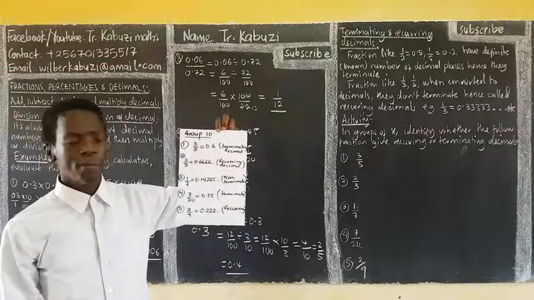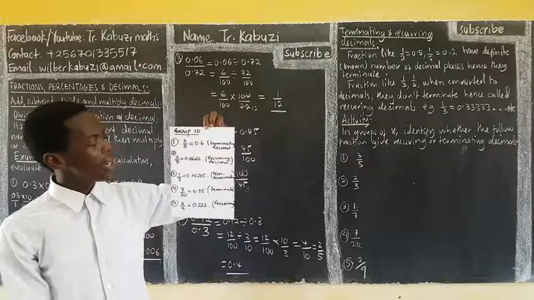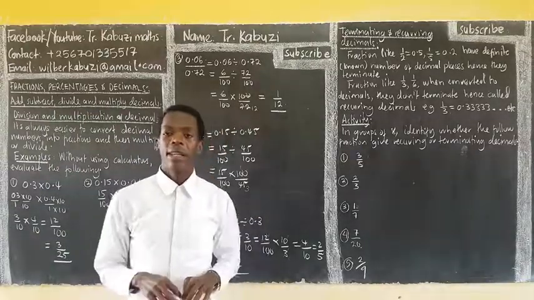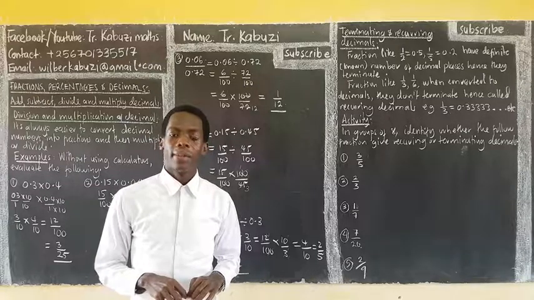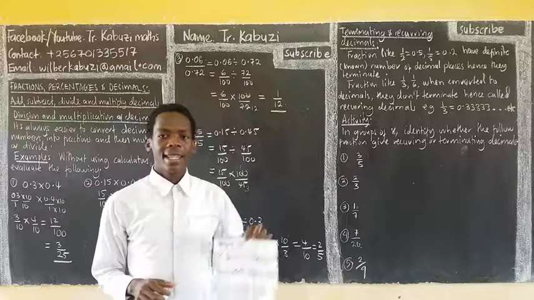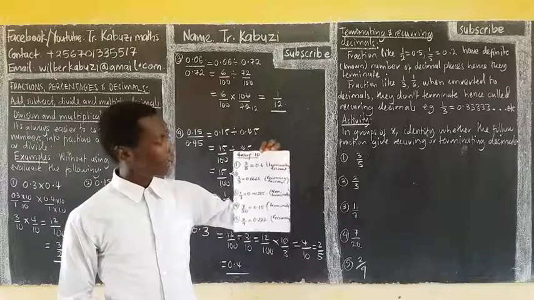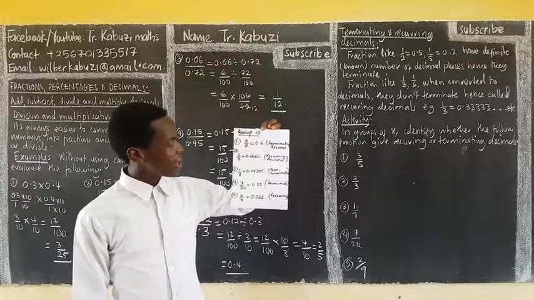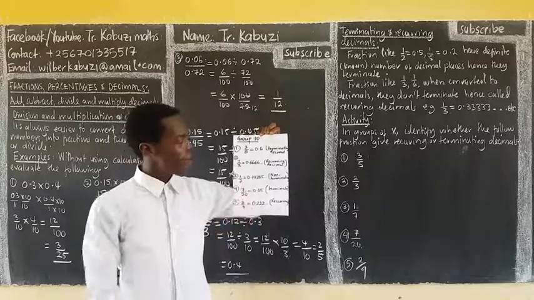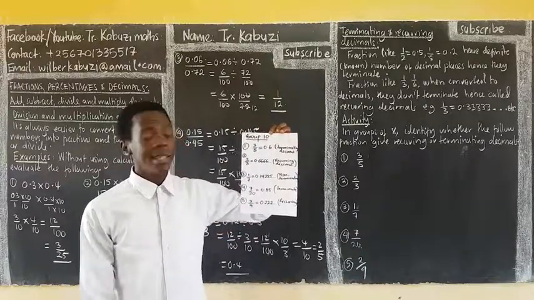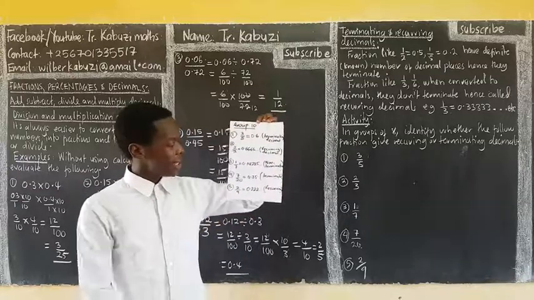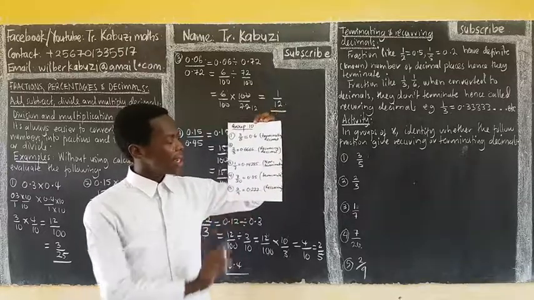Why do you think they are not putting recurring? Here this one is also not ending. Because there is no similar figure repeating. Okay, so if you say there's nothing repeating, then you call those ones non-terminating. Then the same is terminating, and then this one is recurring.